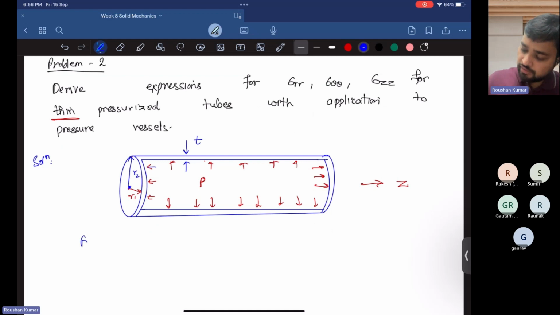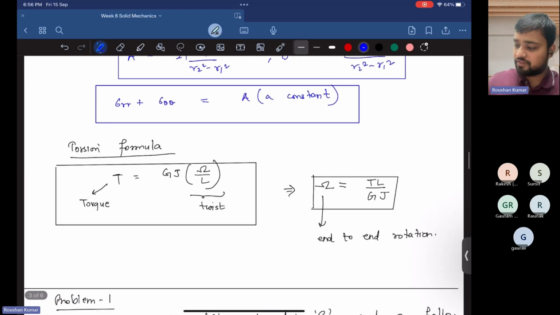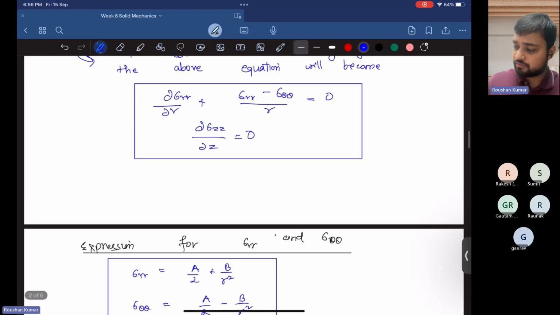For the thick pressure vessel, we already wrote the expressions for sigma r and sigma theta theta.